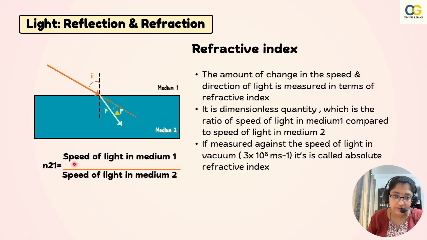So if it is 2 1, the 1 and 2 will be on the top. If I want the absolute refractive index of medium 2, where medium 1 is vacuum, it will be 3 into 10 to the power 8 divided by the speed of light in the second medium. That is how you find the refractive index of a medium.